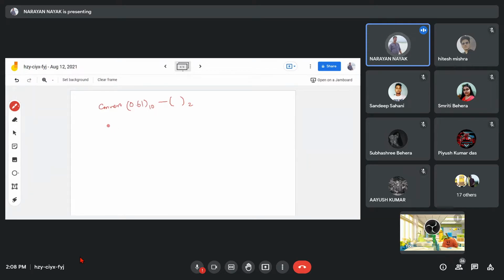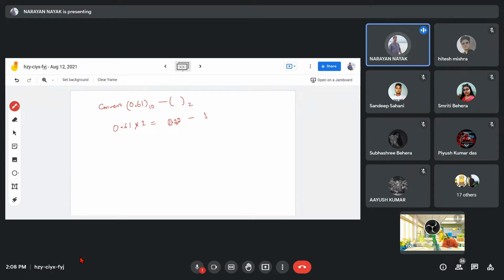What you have to do here: for whole numbers you do division, but if a decimal point is given, you have to go for multiplication by 2 instead of division. So if you multiply, 2 times 0.61 gives 1.22. So what value are you getting? The recorded bit is 1. Here 1 is there, so what you have to record is 1.